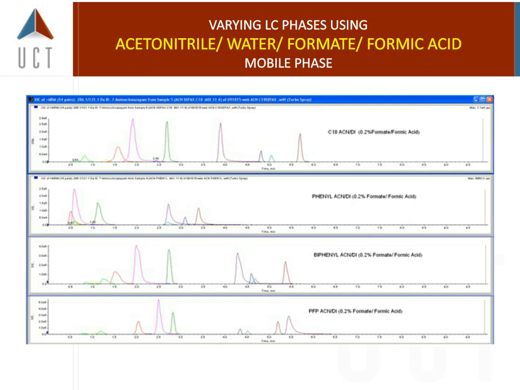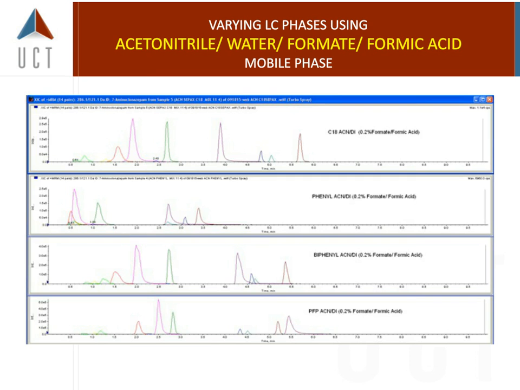Now, this next slide is a depiction of using acetonitrile and water as our mobile phase. But above on the top, we have a C18 chromatograph, a phenyl LC column, a biphenyl column, and a PFP column. I apologize for some of the peak shapes, but I want to point out that this is all done in the same gradient with the same exact acquisition method.